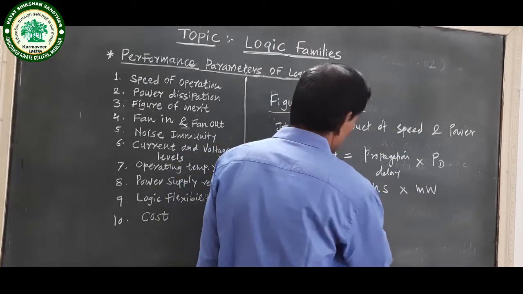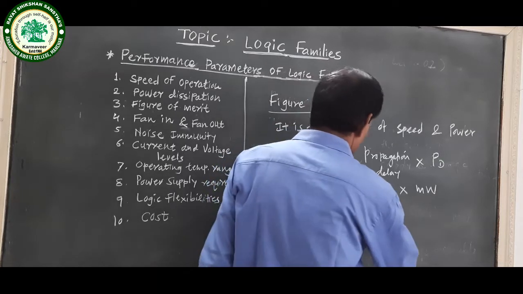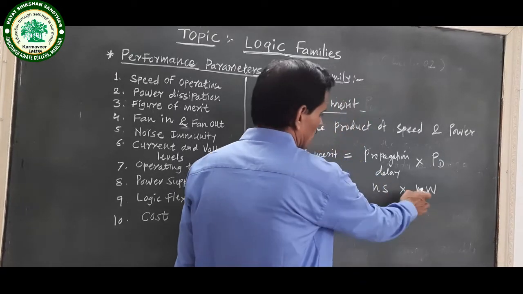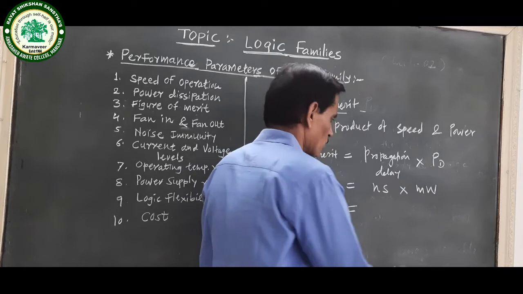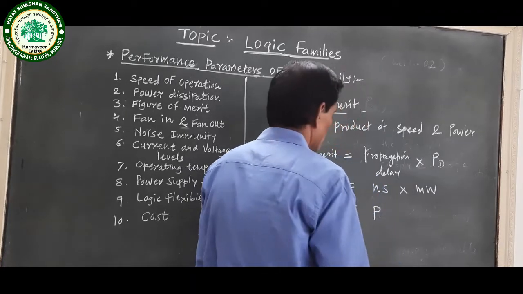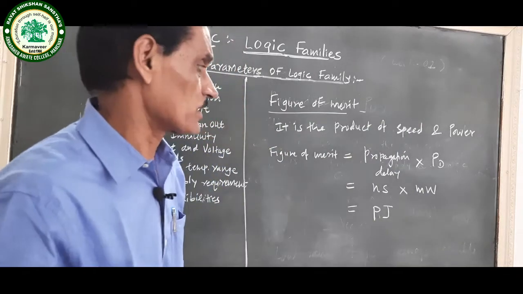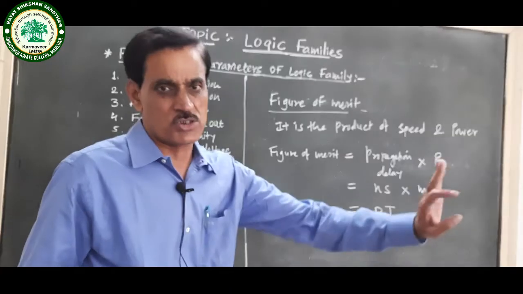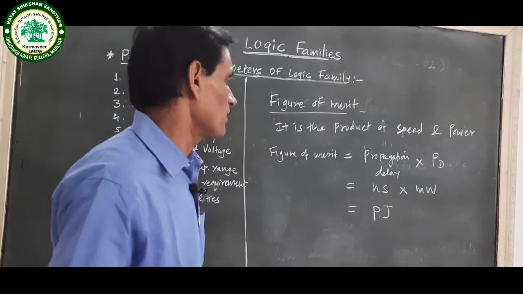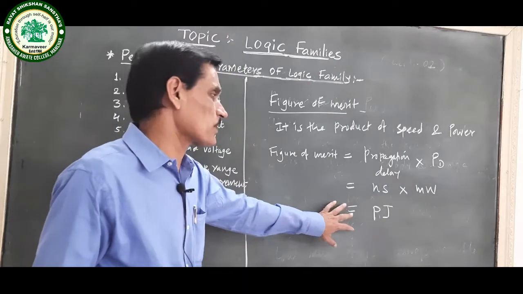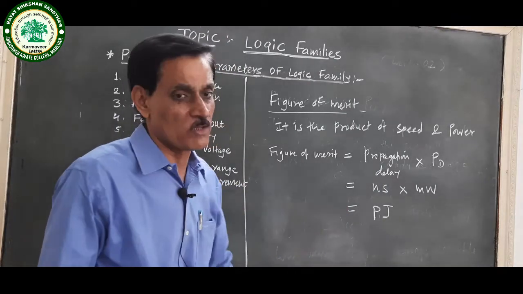Therefore, you are getting the product in the form of nano multiplied by milli, which gives pico. The figure of merit is also known as the PJ product, picojoules. We will call it picojoules. Some people may call it a figure of merit.